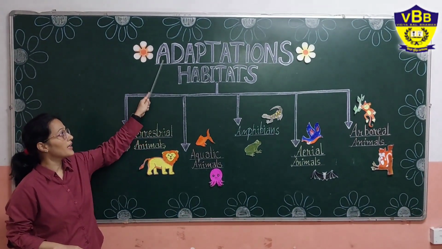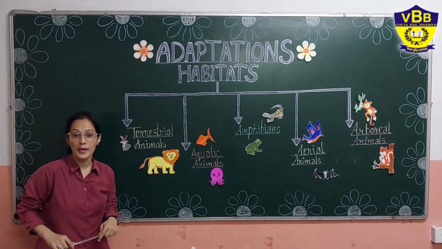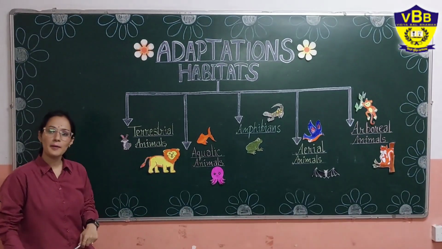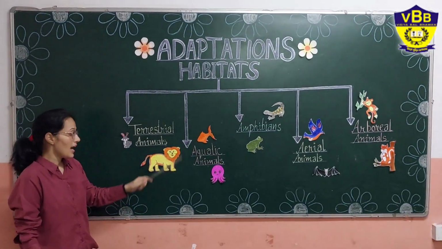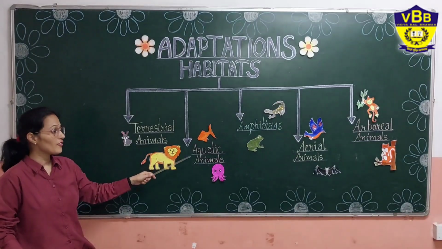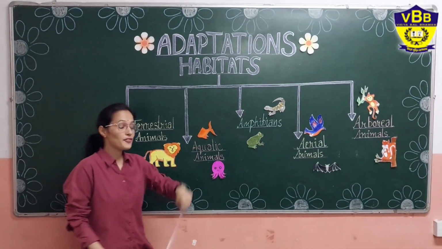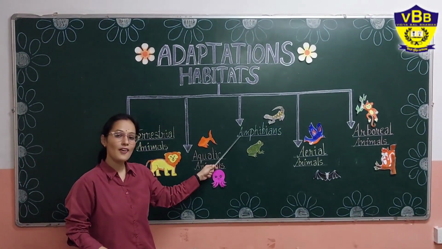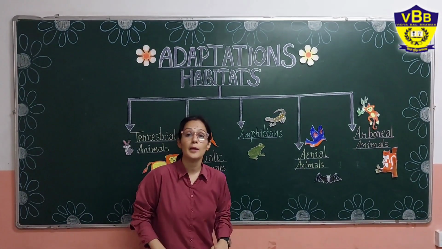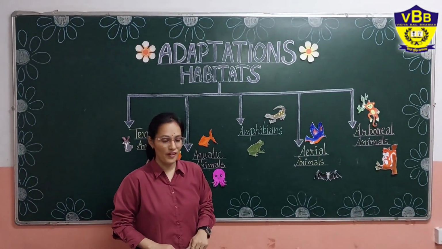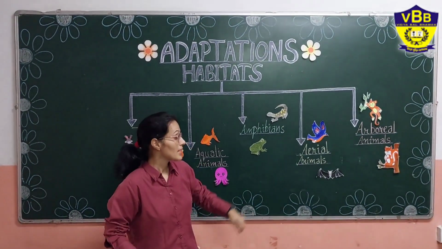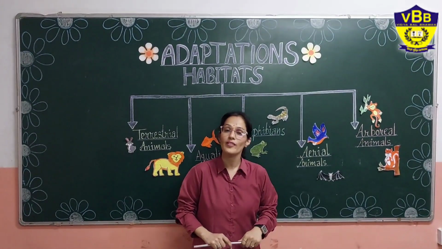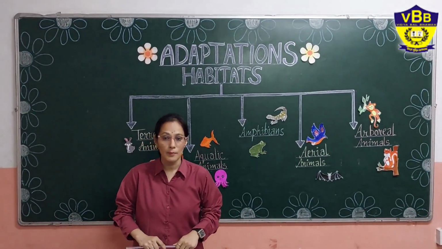Five categories we have studied: terrestrial animals, animals who live on land; aquatic animals, animals who live in water; amphibians, animals who can live on land as well as in water; aerial animals, animals who spend most of their time flying; and arboreal animals, animals who spend most of their time on trees.